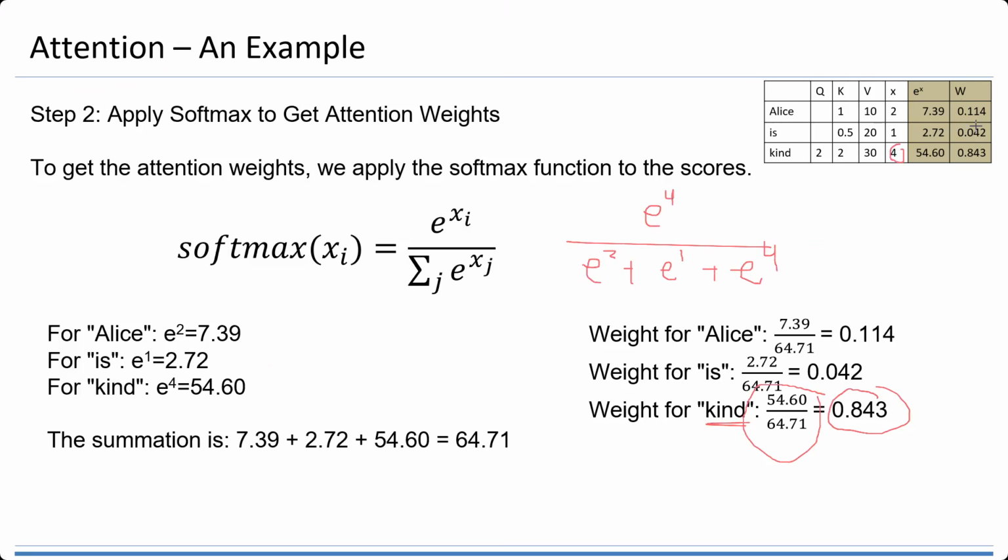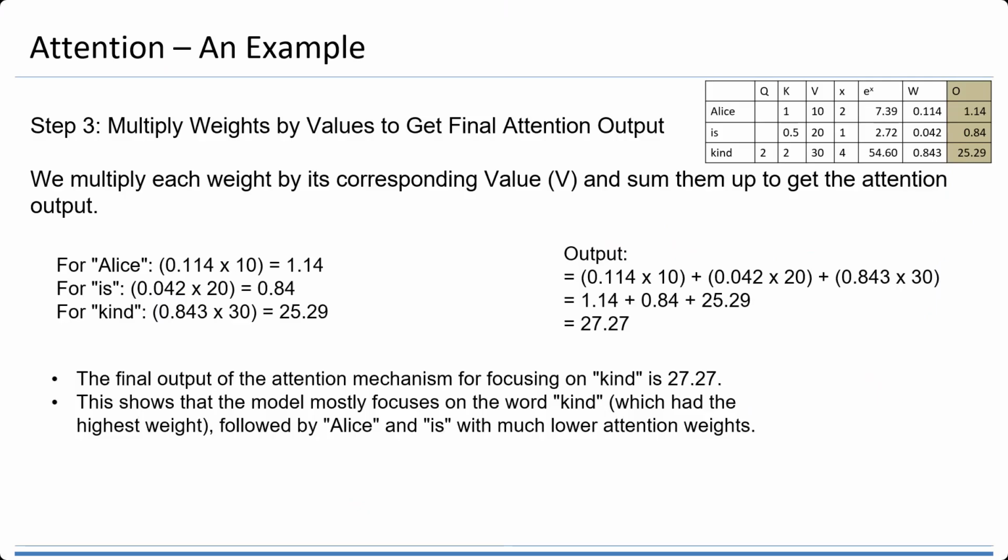After we got this value, let me put it into a table. This is the value from e to the power of x, and this is the weight that we produce. This is the weight, this is the weight, and this is the weight. So finally, we will make the attention value.